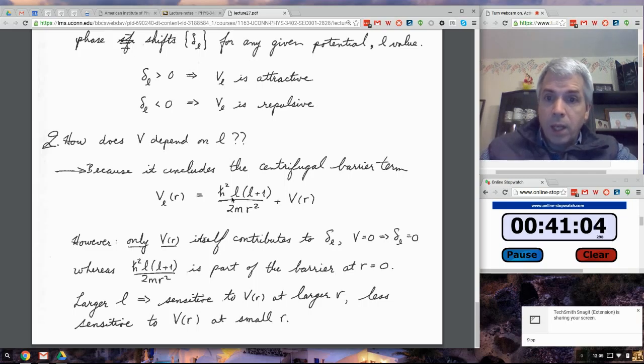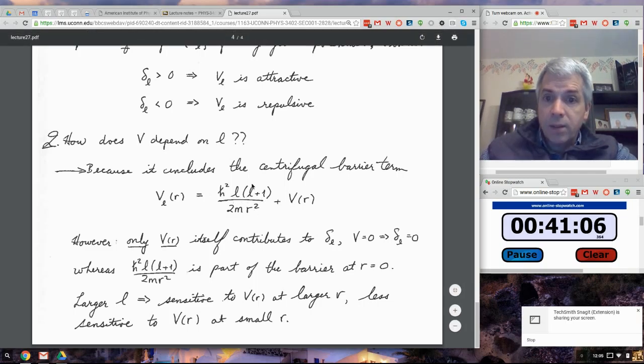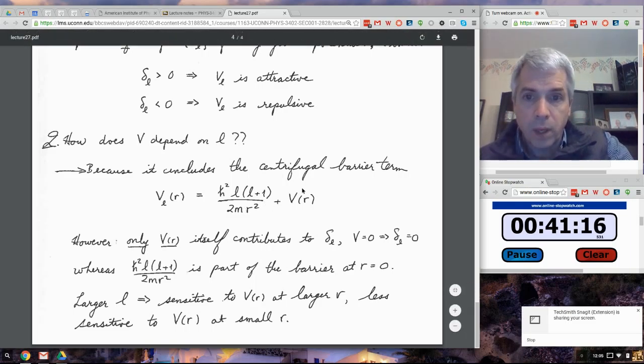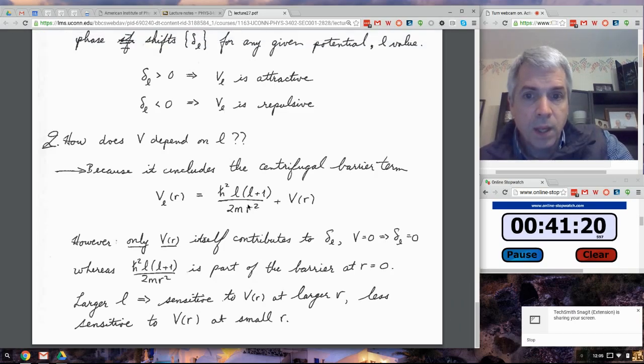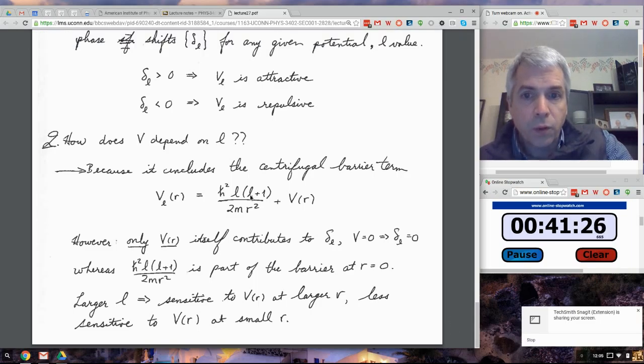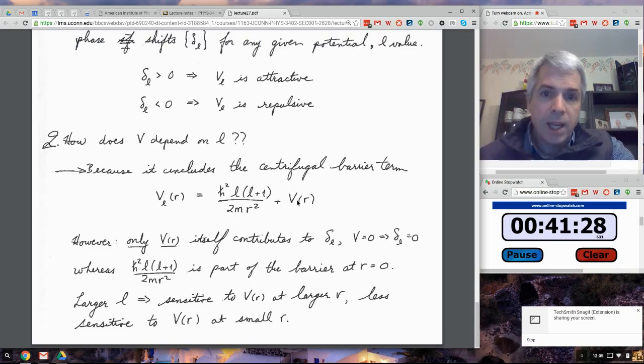And notice that when L is 0, the S wave doesn't have any of this, so it's a pure V. And as I go up in L, the effect is to push the particle further and further away from the origin. So if you were thinking about phase shifts, and this barrier were present, then the larger the L, the further out in R towards A, you would expect the phase shifts to occur.